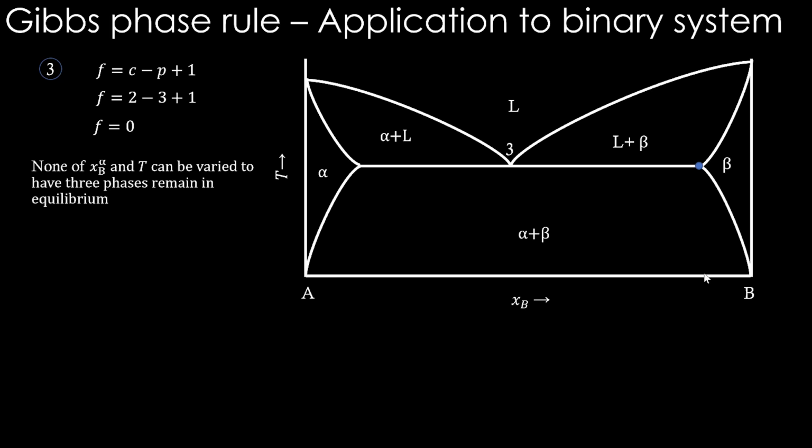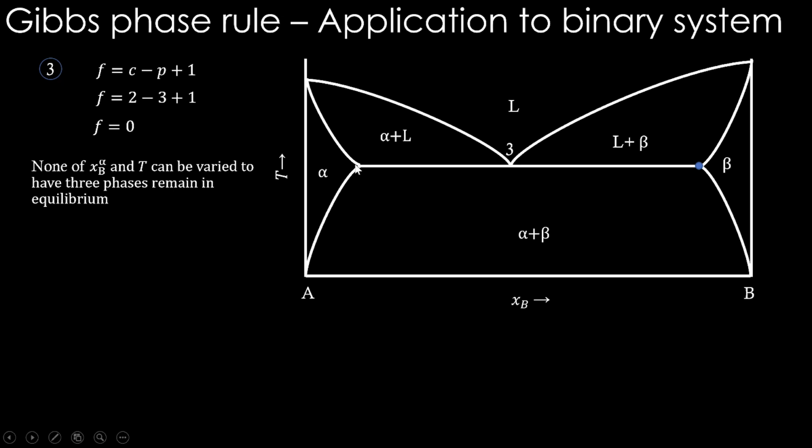None of these variables, neither XB alpha nor temperature, can be varied to have three phases remain in equilibrium. If you change the temperature, of course, three phases are not going to be there. We see that here. If we change the composition of XB alpha from this value to any other value, to left or right, you are basically disrupting the equilibrium because three phases cannot stay in equilibrium.